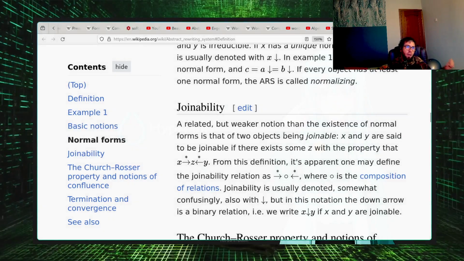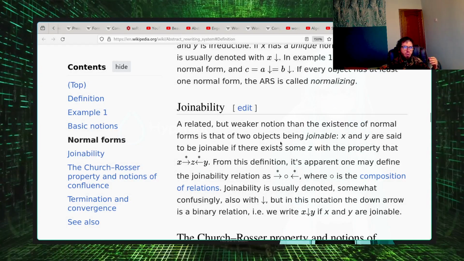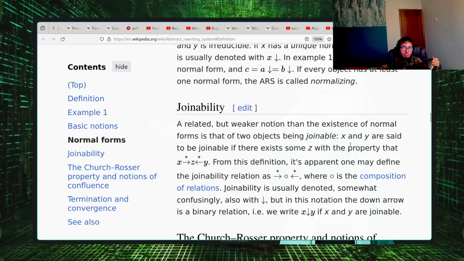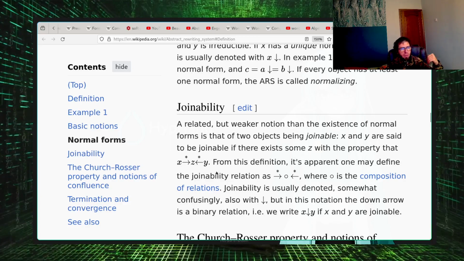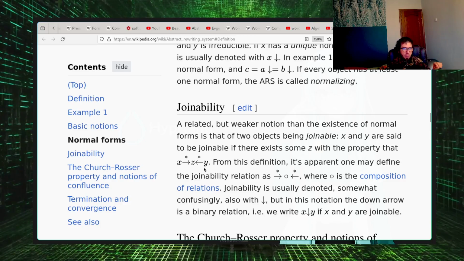Related by a weaker notion than the existence of normal forms is that of two objects being joinable. X and Y are said to be joinable if there exists some Z with the property that we can reduce this X to Z, and also we can reduce this Y to Z. In this situation, they say that X and Y are joinable.